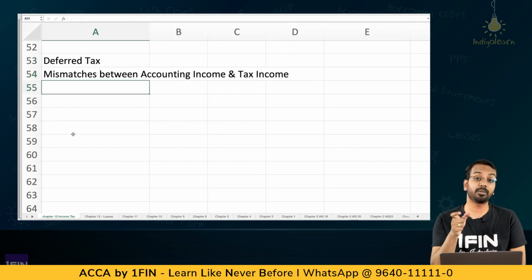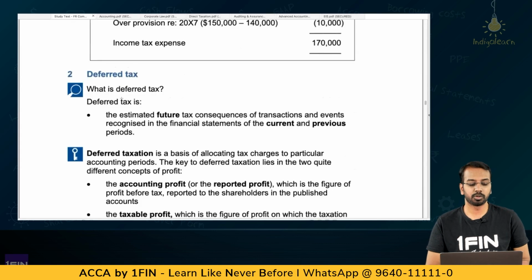There could be a mismatch between accounting income and tax income, and for that we will use deferred taxation to take care of differences between these two items. So what is a deferred tax? As we have understood in the example we have taken earlier, deferred tax is the estimated future tax consequences of transactions and events recognized in the financial statements of the current and previous period.